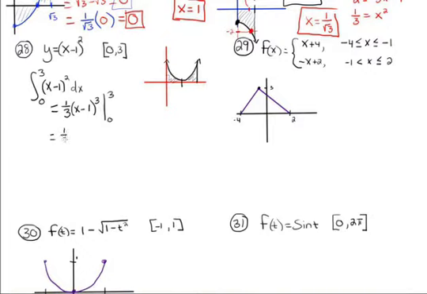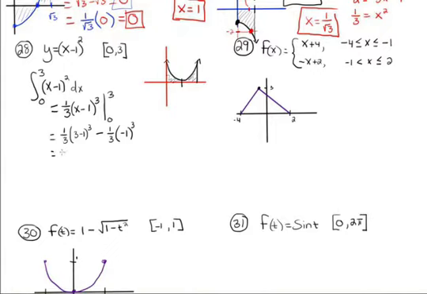So 0 to 3. We've got 1/3 of (3 minus 1) cubed, minus, now be careful, because if I plug in 0, a lot of the problems we've been doing, the output is 0, so we've just been ignoring it. But in this case, when I plug in 0, I don't get 0. I get 1/3 of (0 minus 1), negative 1 cubed.